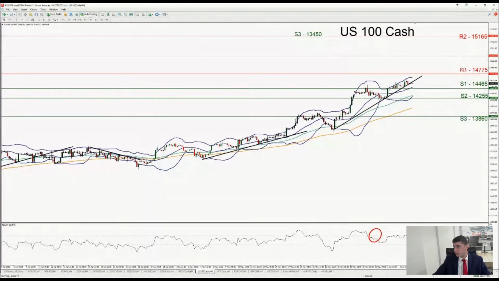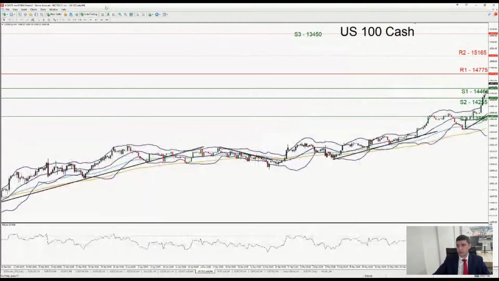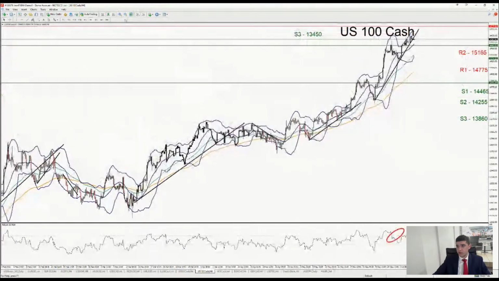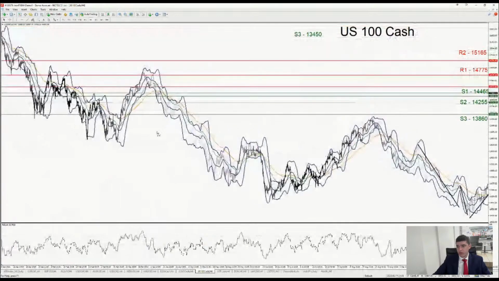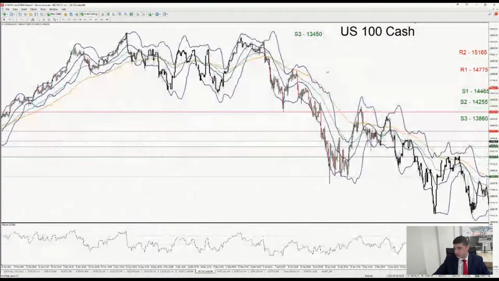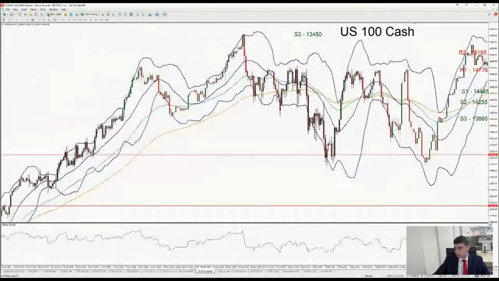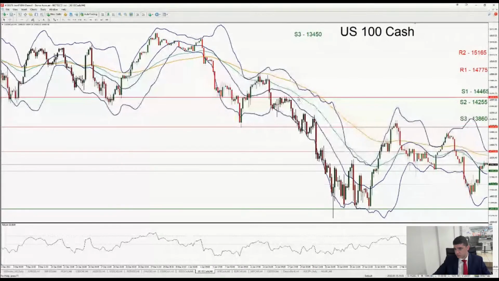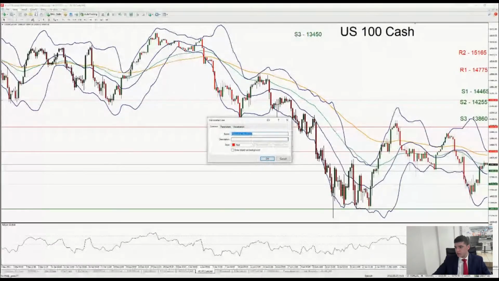So this would be R1. We now have to fix this. $15,590.